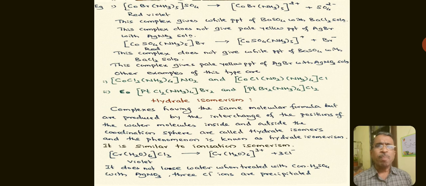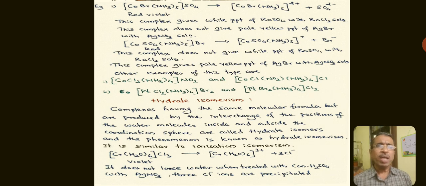The other example is tetraamminedichloroplatinum(IV) bromide, and another example is tetraamminedibromoplatinum(IV) chloride. The earlier complex gives a pale yellow precipitate with AgNO3 corresponding to the presence of bromide ions in the solution.